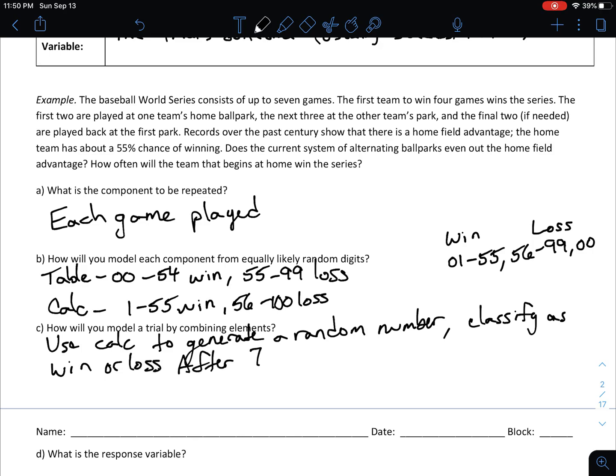After we've done that for 7 games, so after 7 repeats, if there are more than 4 wins, that's going to be a success for us.